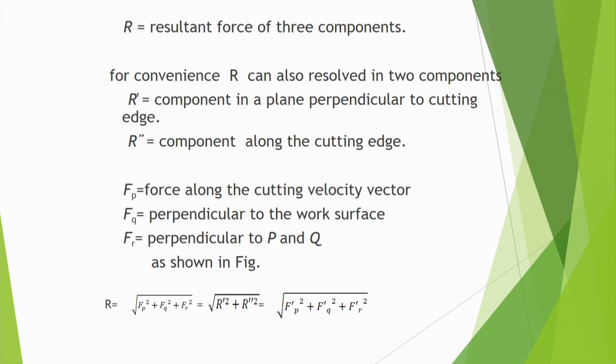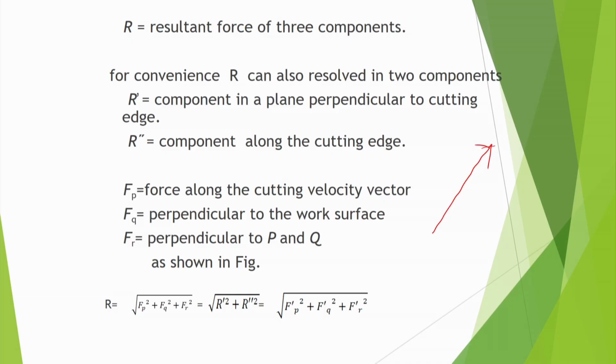Suppose you have a particular force in 3D. In a Cartesian Euclidean system, that force can be resolved into three components, Fx, Fy and Fz. You very well know that the force will have three components, but it is also possible to resolve the force into two orthogonal components, provided the force line is passing through a plane.